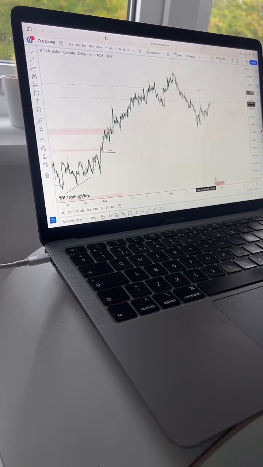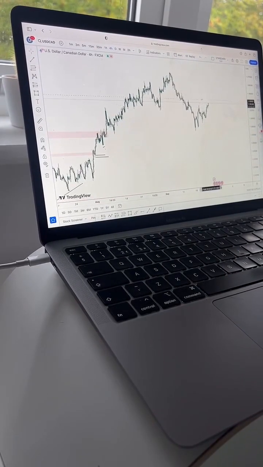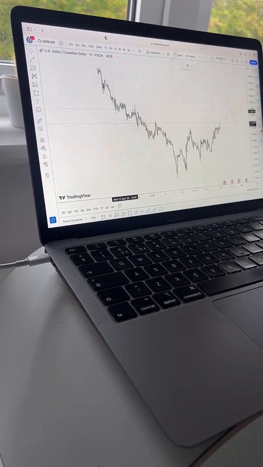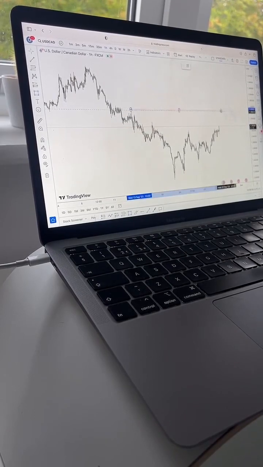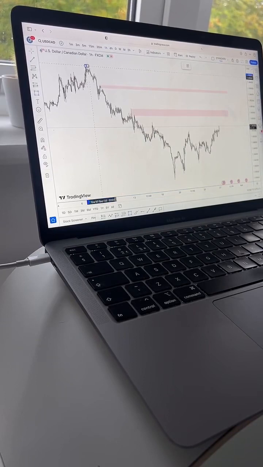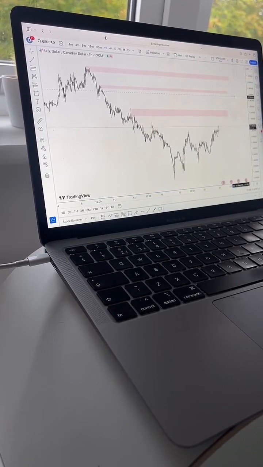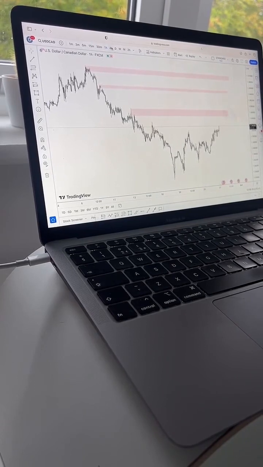USD CAD pushing up. One zone for sells, second zone, short-term sells, all these. And once it hits here, you can do a long-term sell, meaning you have a different target when it hits that one.